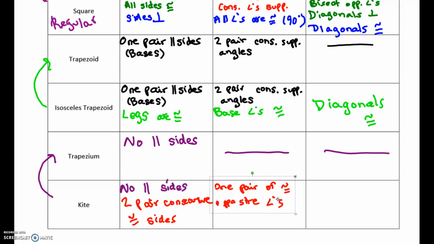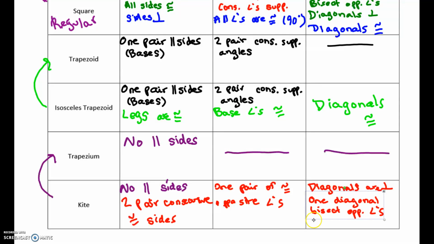And lots of cool things happen with the diagonals. The diagonals are perpendicular. One diagonal bisects opposite angles, and it also will bisect the other diagonal.